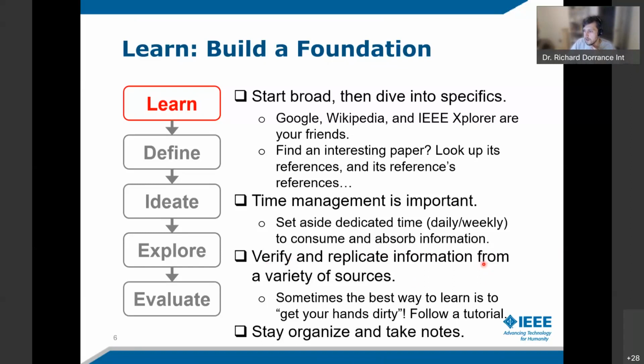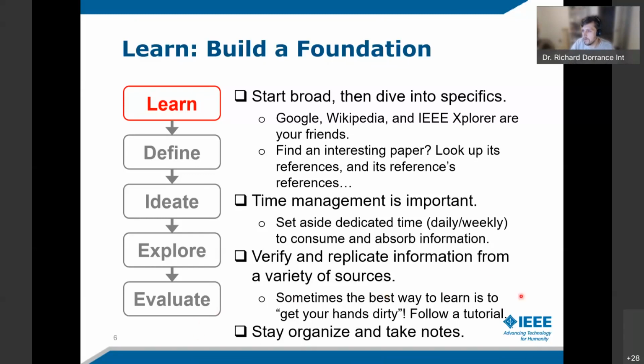Very often when you're starting in a new area, it's important to, as a former manager of mine said, get your hands dirty. Go out, do a tutorial, try and implement something, try and actually build a circuit, or run a machine learning simulation, just so you can see how it works, what the problems are, and what it actually takes to solve a problem like that.